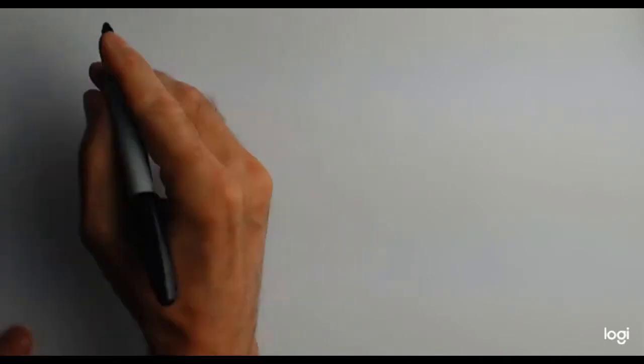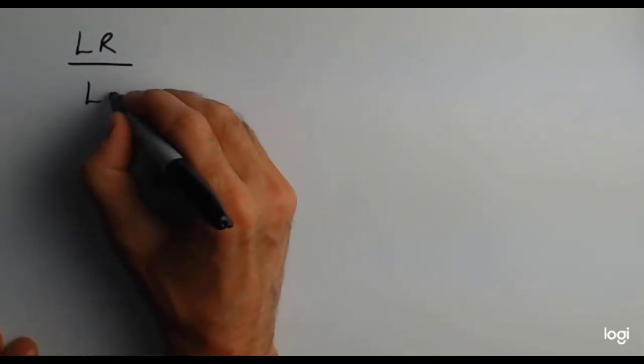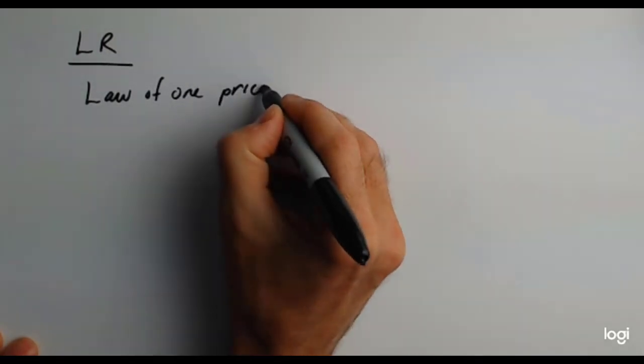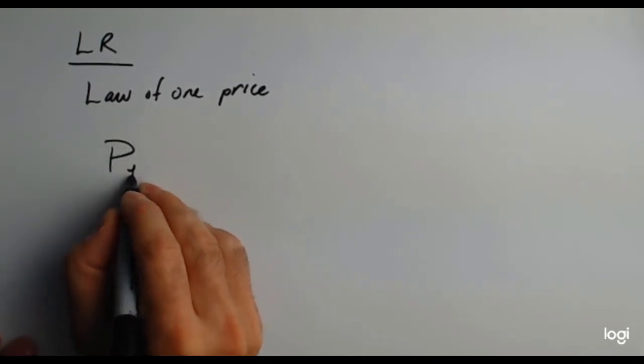So the law of one price: I'm modeling the long run exchange rate, this unobservable exchange rate that seems to be fairly steady, and I'm going to start conceptually with the law of one price.